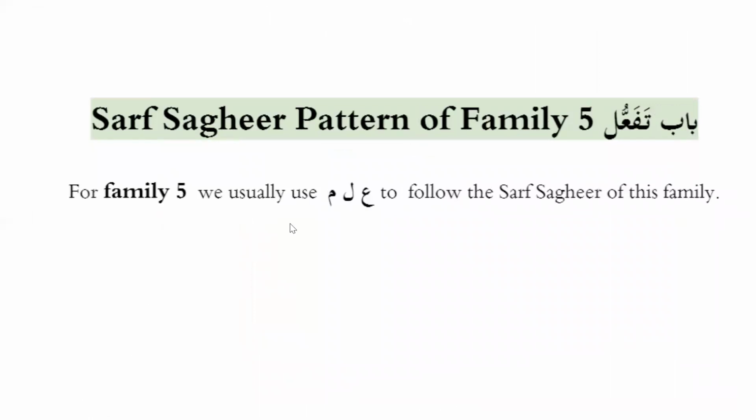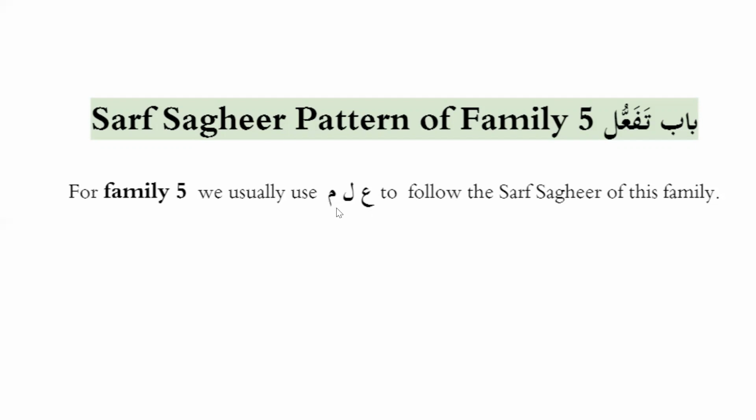For every family, we have a prototype 3-letter root word. For Bab Taf'il, we usually take allama, yu'allimu, again ayn, lam, and mim, 3 root letters, which is alima, ya'lamu in Sulasi Mujarrad.